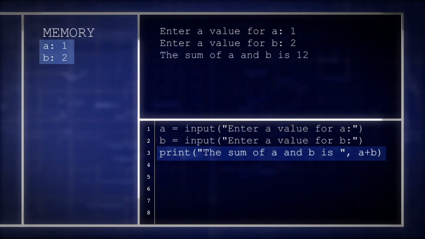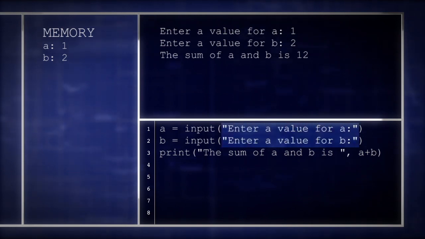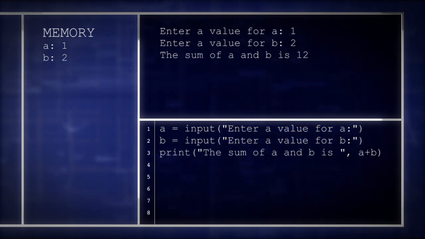Why did this happen? Well, when we read data with the input command, the data we read always comes in as a string. Let me say that again. Whenever we read data using the input command, even if the data is numerical, the input data always comes in as a string. So what happened? We didn't actually read in the numbers 1 and 2.